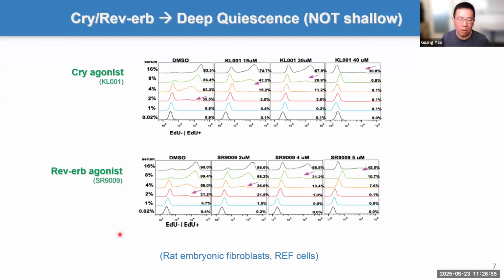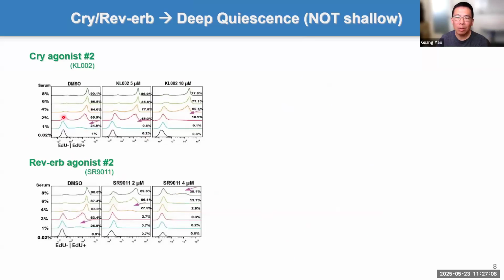Okay, but that's only one drug for each. Maybe, who knows, the drug has some side effects or some toxicity. But no cells were dying, with no measured toxicity within this dose range. Cells were happy, but maybe there's some unknown effect. So we tried a different dose and a different drug. Instead of KL001, we used KL002, a different chemistry, for the same purpose of activating Cry, and we saw a similar pattern.